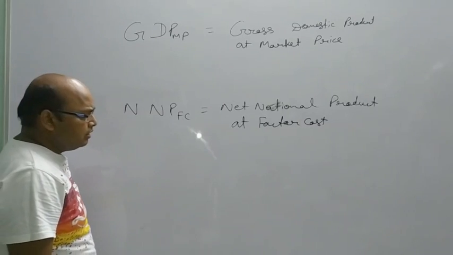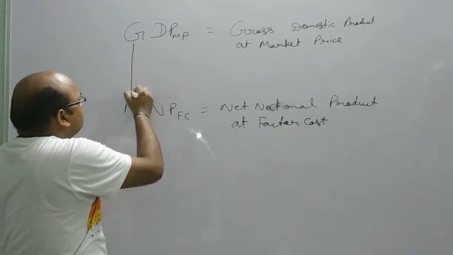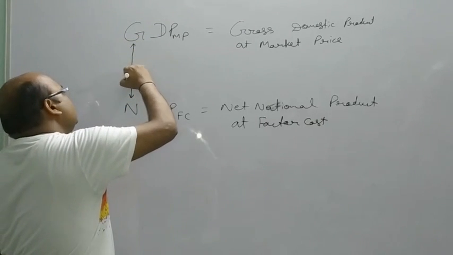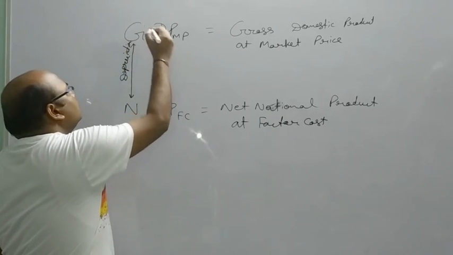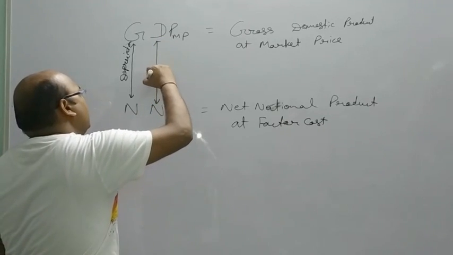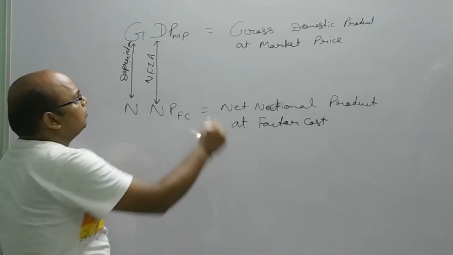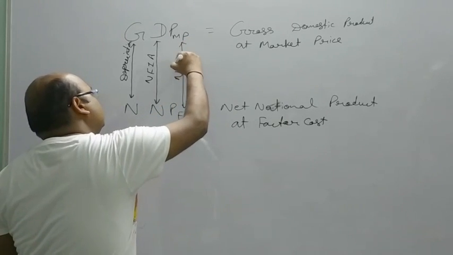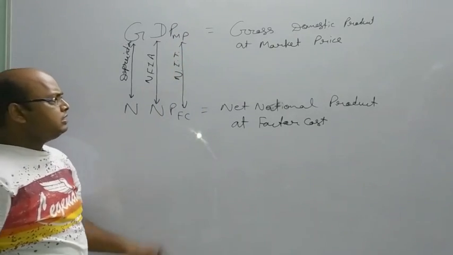How can we change these on the basis of the previous class? Gross and net have the relation of depreciation. National and domestic have the relation of NFIA, net factor income from abroad, and factor cost and market price have the relation of NIT. So we can change according to that. P remains the same.